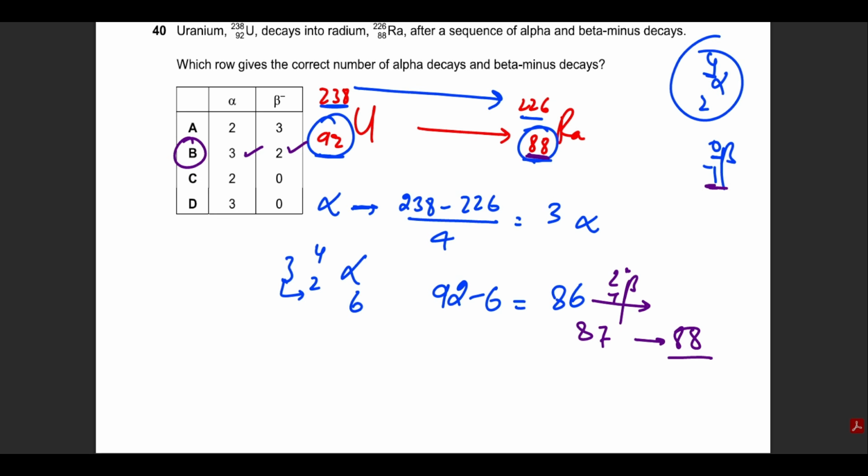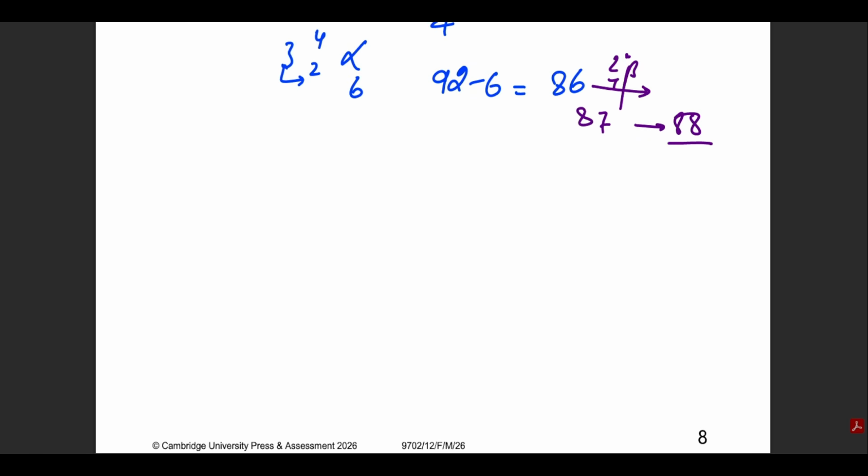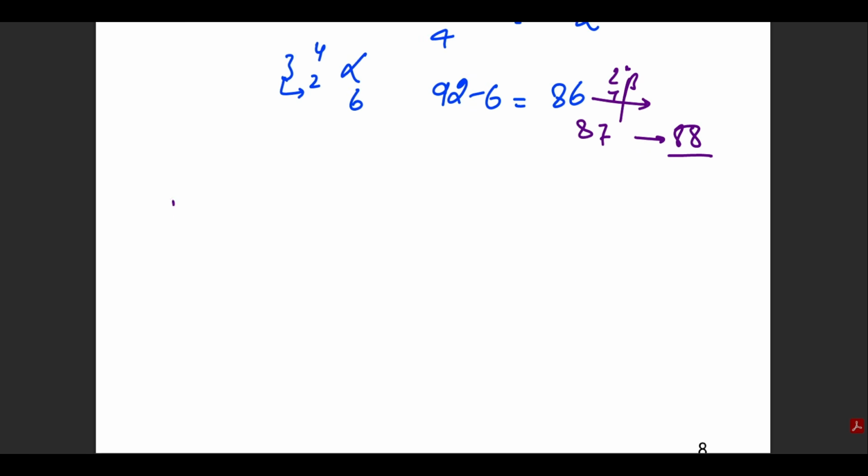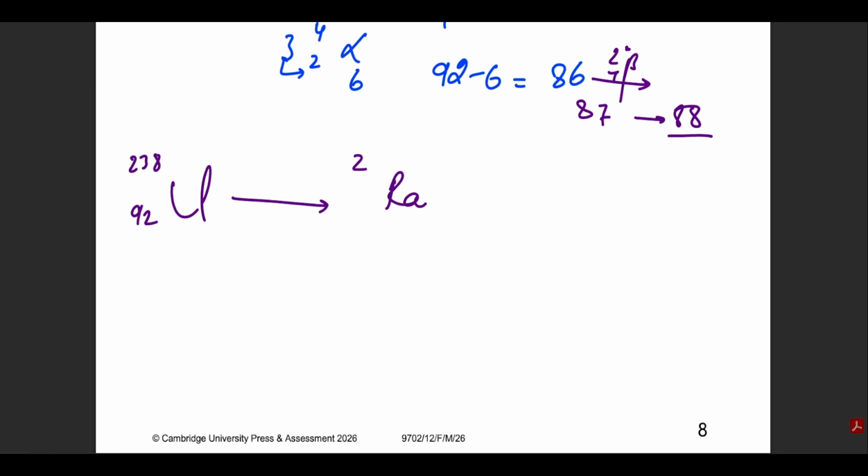If this logical method doesn't sit well with you, you can always try the equation method, which is going to be U 238, 92 breaking down into Ra 226, 86 with, let's say, X number of alphas, which is 4 2, and Y number of beta 0 minus 1.